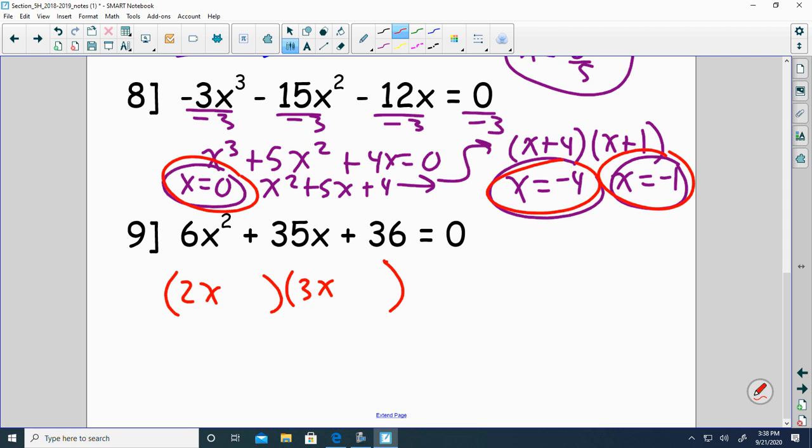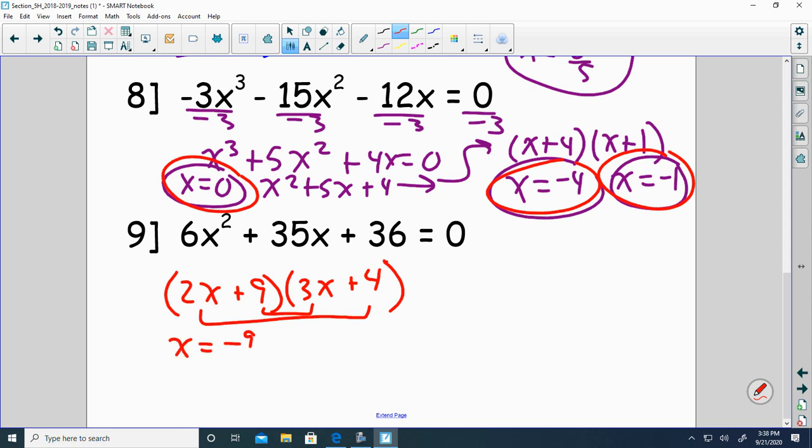No. 2 and 18, that wouldn't work because I have those 3 and 2 both work there. 3 and 12, that wouldn't work because I'd have a factor with each one of those again. 4 and 9, let's see if that's going to work. Positive, positive. So inside that gives me 27, outside that gives me 8. Yep, that did work.